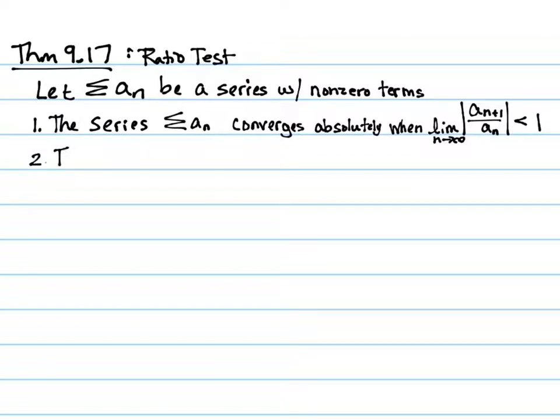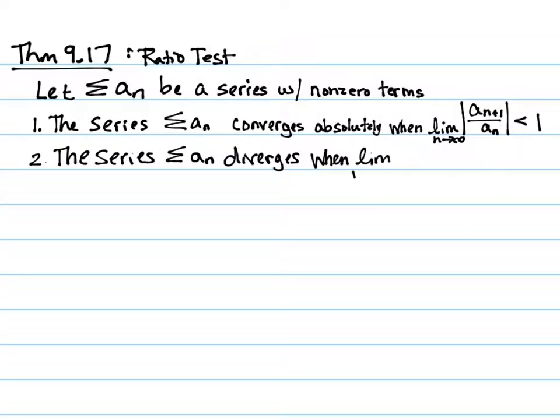The second possibility is that the series summation of a sub n diverges. This happens when the limit as n goes to infinity of a sub n plus 1 over a sub n is greater than 1, or if it's infinity, which obviously is bigger than 1 too, but your book makes a distinguishing factor for that, so I will as well.